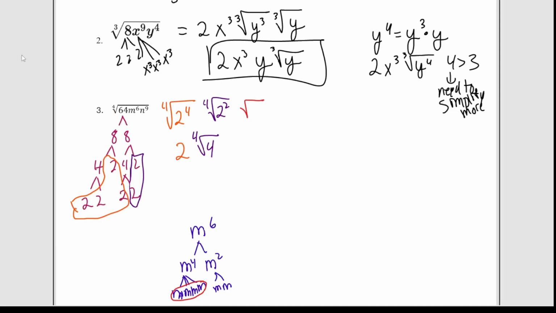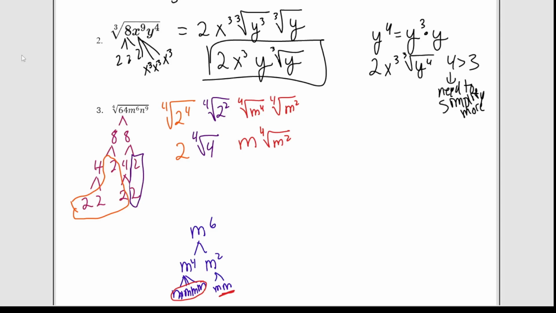So I'm going to have the fourth root of m to the fourth from that first part, and then I'll have the fourth root of m squared from that second part of the unmatched m's. The fourth root of m to the fourth will just give us m. Again, we're assuming all of these are positive integers. While the fourth root of m squared is not going to simplify at all. And if you notice, that's actually identical math there.